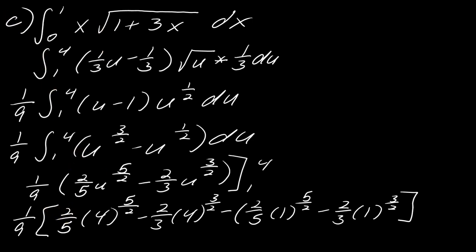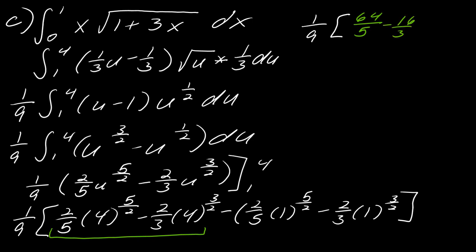So this becomes 1/9 times, this first part comes out to 64/5 minus 16/3. And this second part, which I'll write in pink, comes out to minus 2/5 plus 2/3.